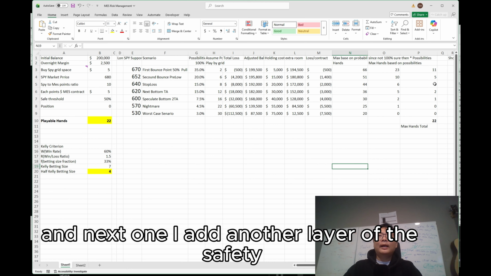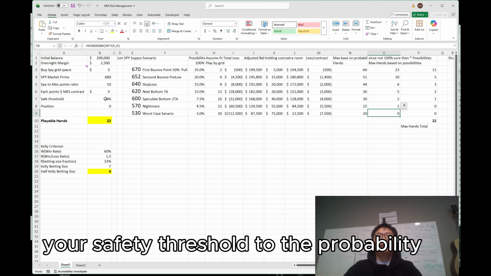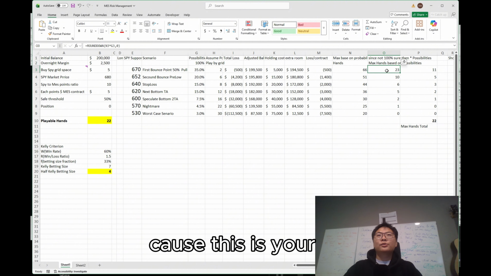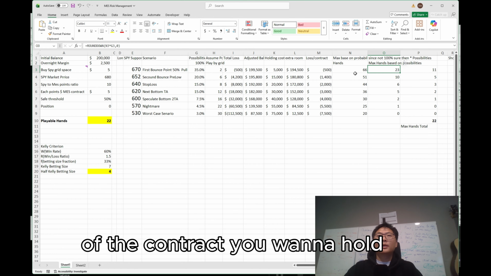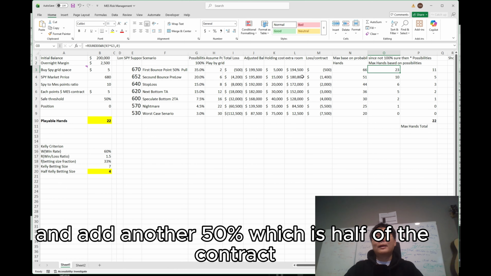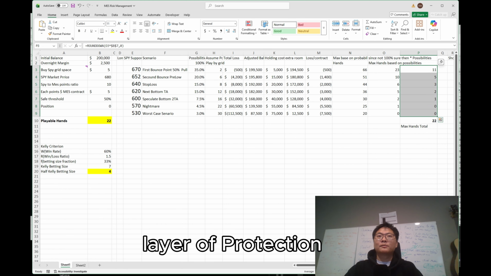And next, I add another layer of safety by multiplying your safety threshold by the probability, because this is your probability times the maximum number of contracts you want to hold. And add another 50%, which is half of the contract, just to give you an extra layer of protection.